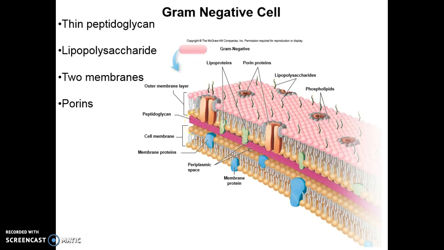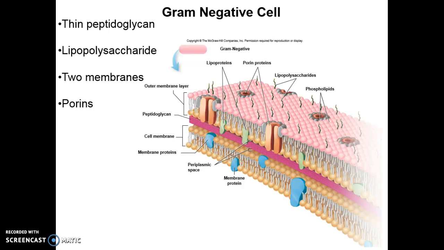That's because when a cell is stained with crystal violet, both layers initially are stained with the crystal violet. The second step in that Gram staining process is the iodine, which acts as a mordant to really lock that crystal violet color in.